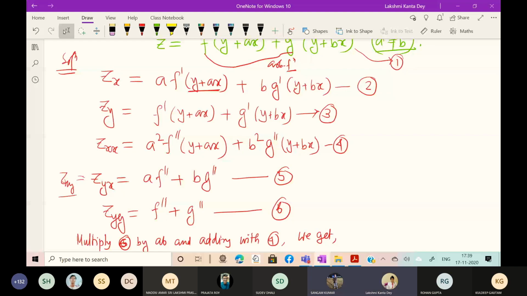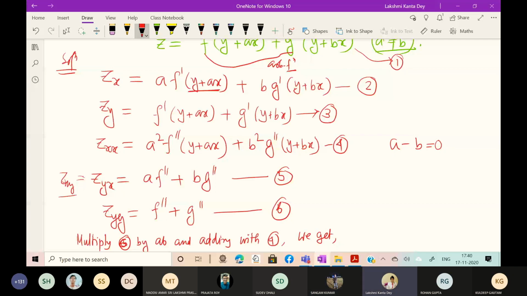But it has to be independent. Just multiply the second equation by A and subtract from above. A minus B, if it is 0, then these are dependent. If it is non-zero, then you can do it.